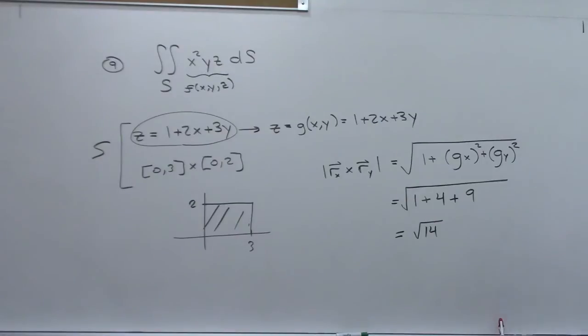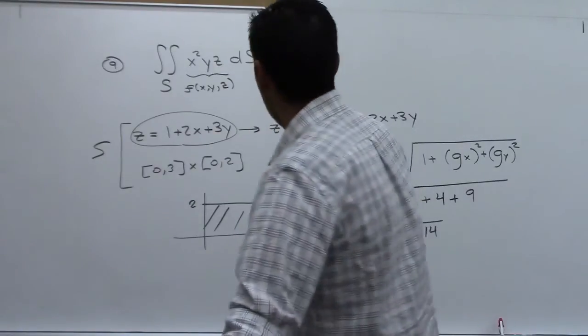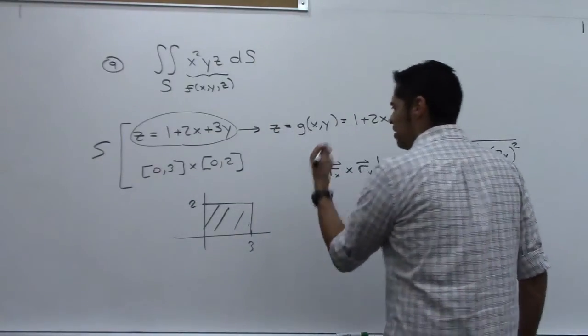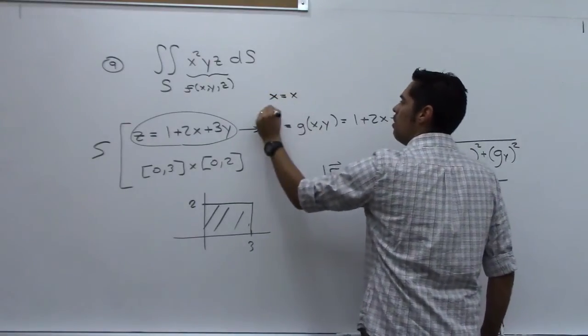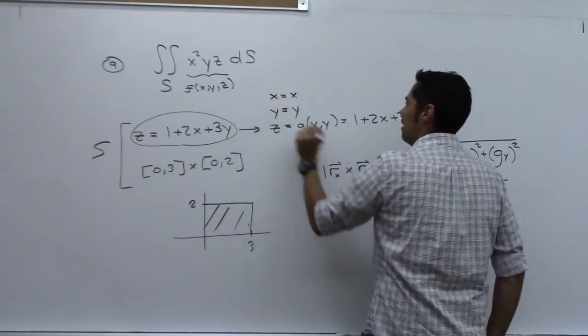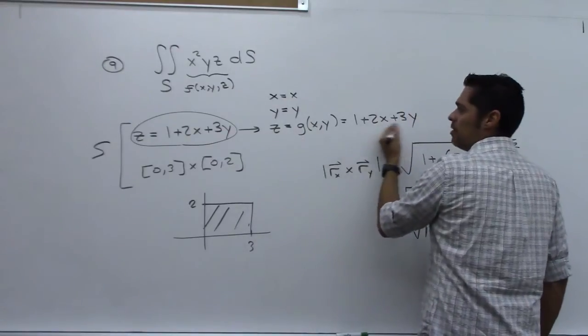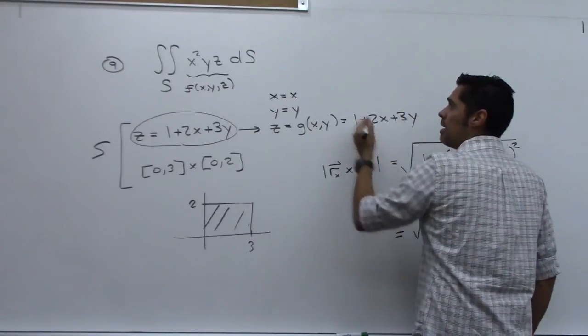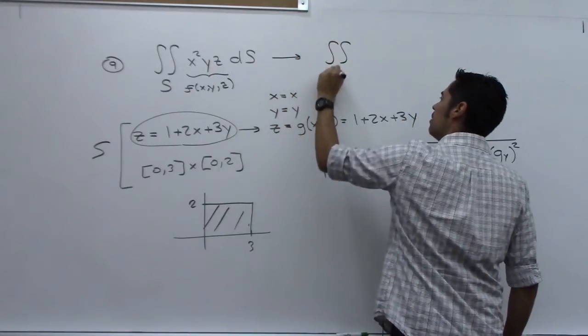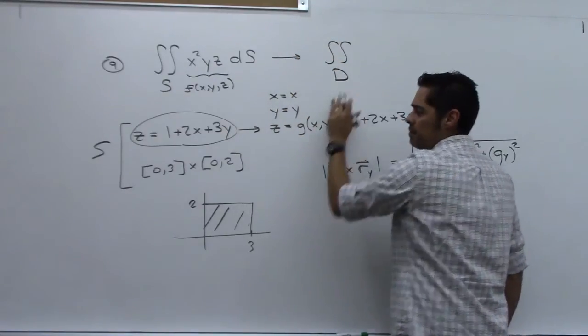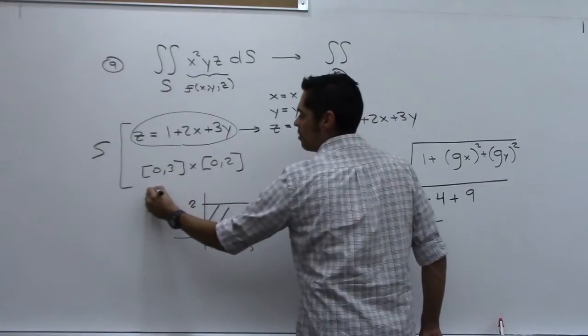So what we need to remember is this is a special case. What's happening here is that x is just x, y is just y, and z is a function of the two. So when I convert this over, it's a double integral over D, and D is controlled by my restrictions on x and y.